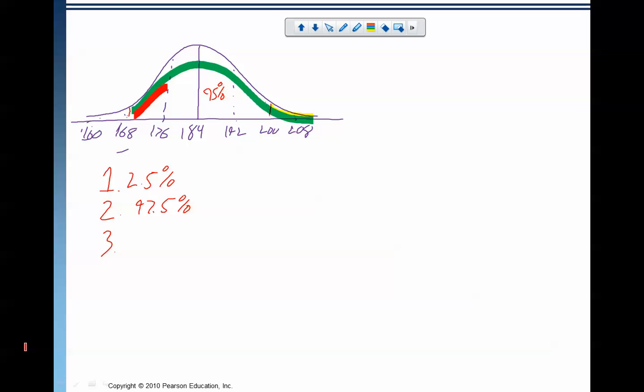Does that help? Kind of. We know that from here over is 97.5%. Then we just have to take out from here over. That's one way we can do this, right? You can take the big amount from here to here and subtract the small amount from here to here, and that would give it to you.